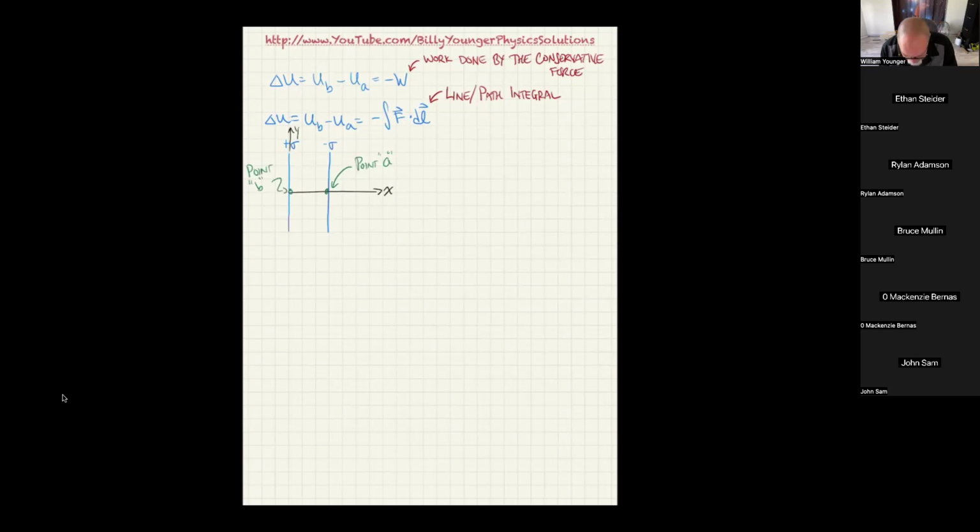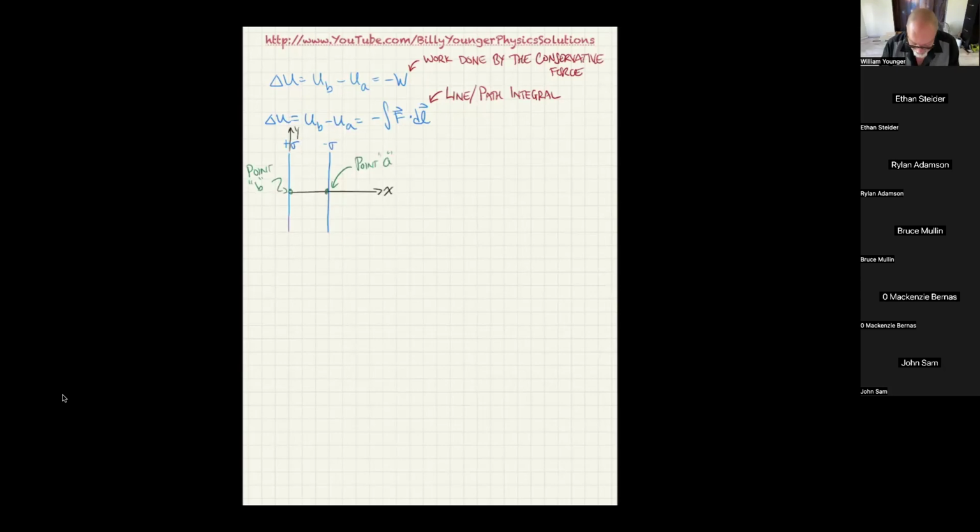Okay. So the trick with integrating or doing a path integral or a line integral is you've got to remember that you've got to use either the dL, that guy right there, or the range of integration, these values right here. One of those two things has to specify which direction you're going.